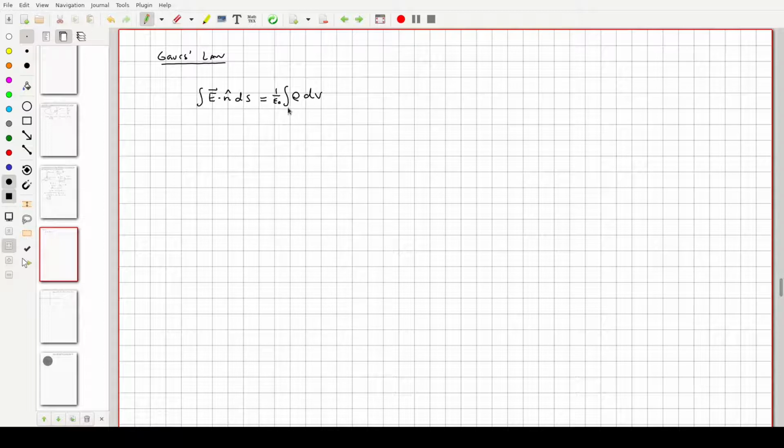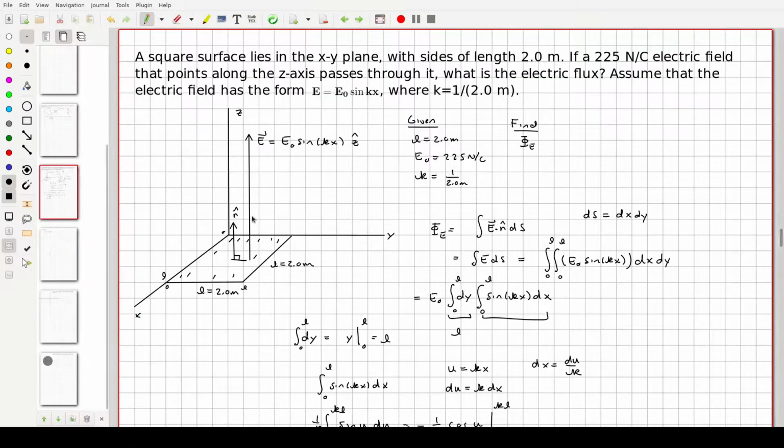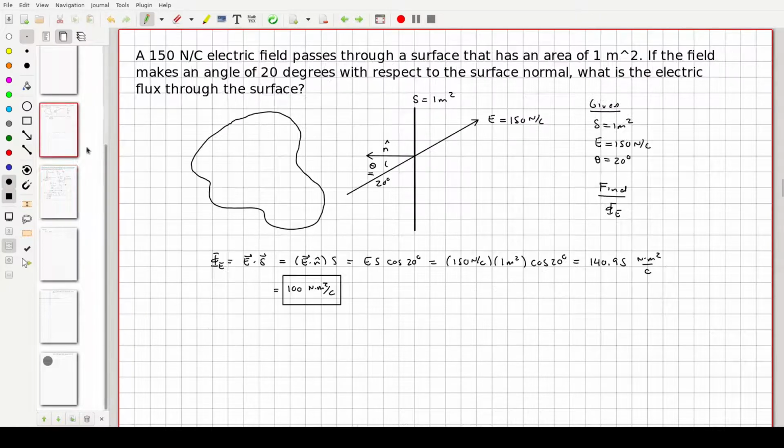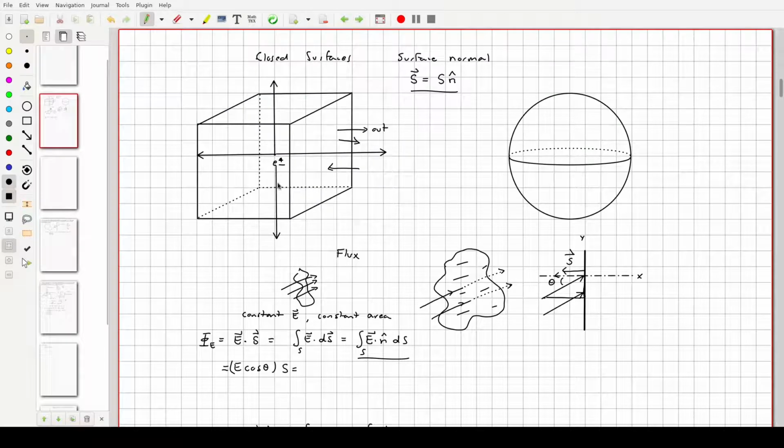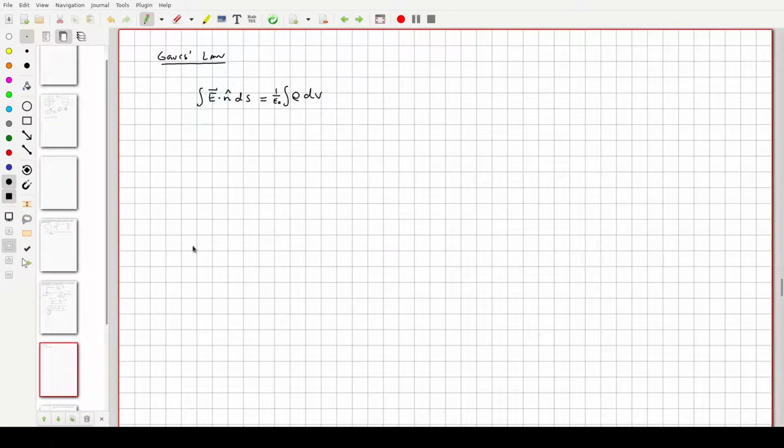Now, I'm not going to prove this. This surface integral right here is not over an open surface like what we were doing here, but it is over a closed surface. The surface must be closed. It has to be closed in order for this to work. So to show that, we put a little loop over this, saying that the surface has no holes in it. Okay? The volume here is the volume that this surface contains.